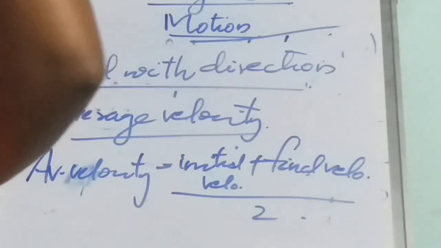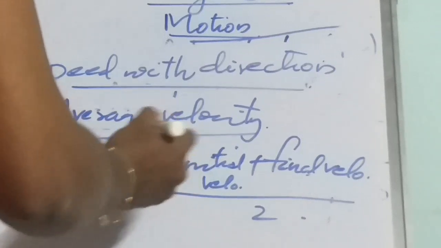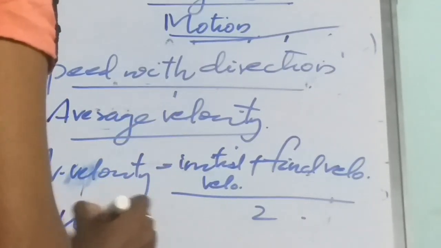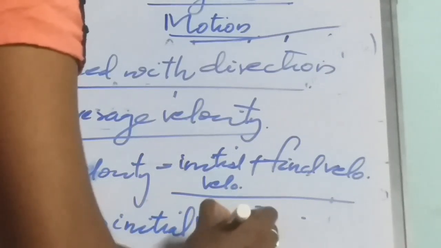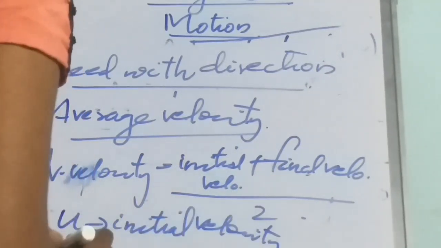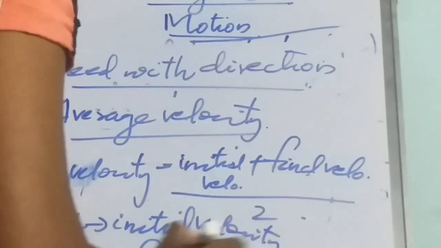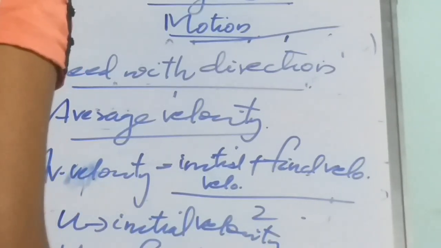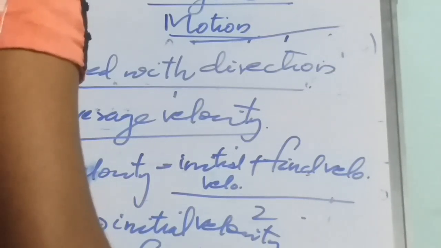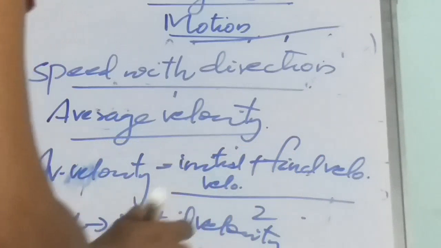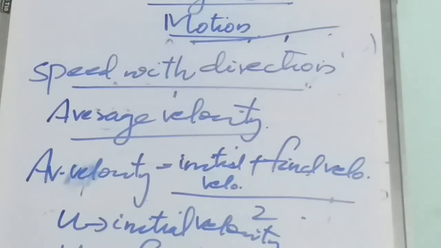Then mathematically, we can represent this average velocity as follows. Suppose the initial velocity is represented as u, the final velocity is represented as v, and the average velocity is represented as v average. Then instead of average velocity we can write v average.